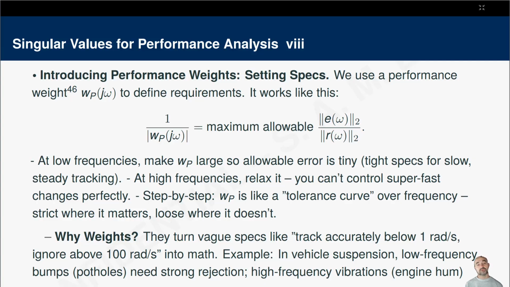You can't control super fast changes perfectly, so when we go to super fast changes, we need to adjust our expectation to what we can achieve. So step by step, WP is like a tolerance curve: strict where it matters, loose where it doesn't.